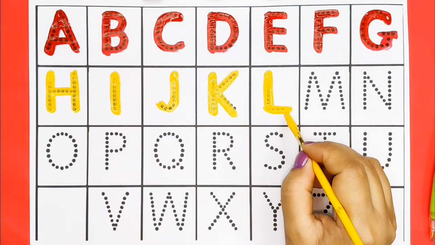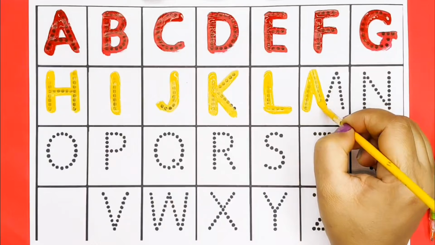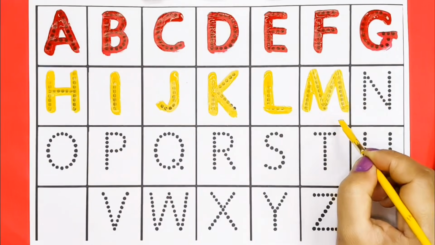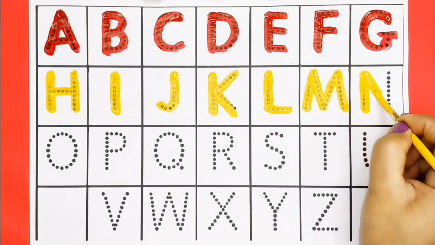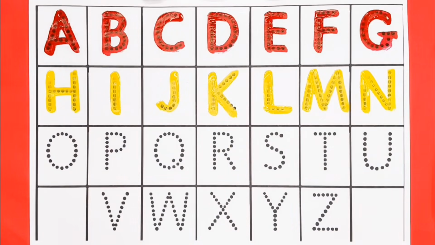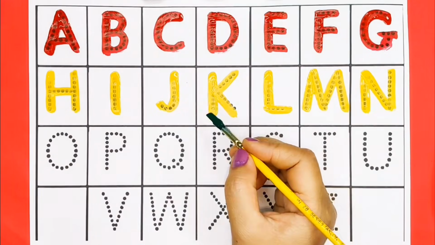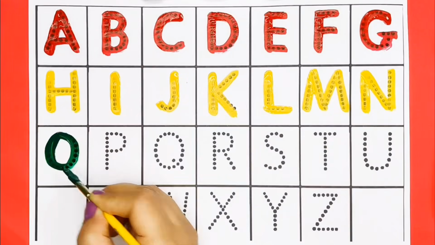L. L for lion. M. M for mango. N. N for nose. Dark green color. O. O for onion.